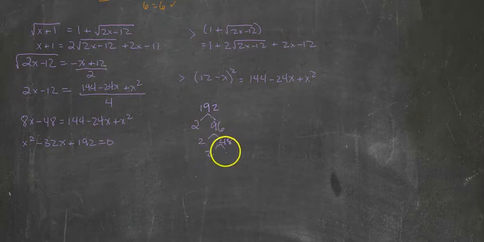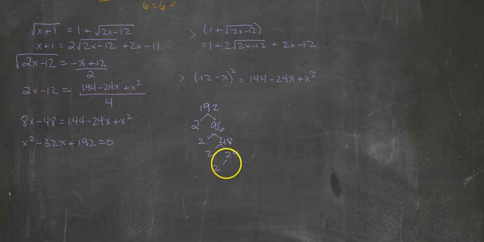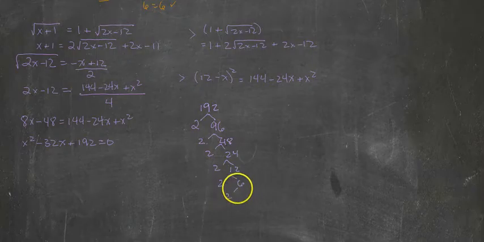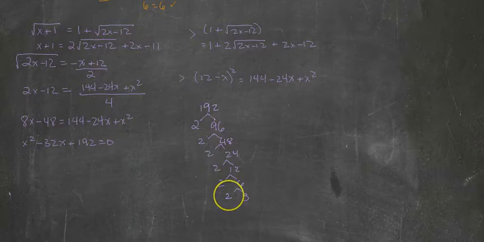Divide this by 2, I get 24. Divide this by 2, I get 12. Divide this by 2, I get 6. I know it seems tedious, but divide this by 2 and I get 3. And so what we're looking for is combinations of these that will total 32 if I added those.